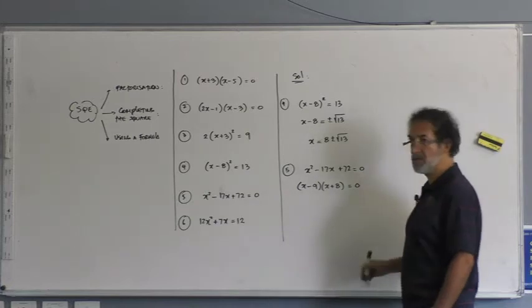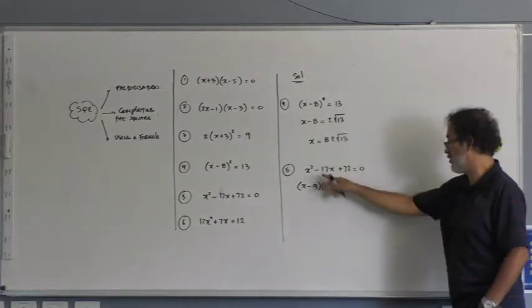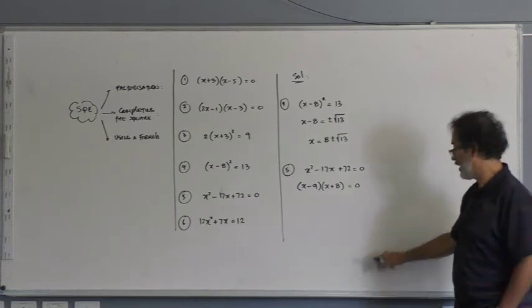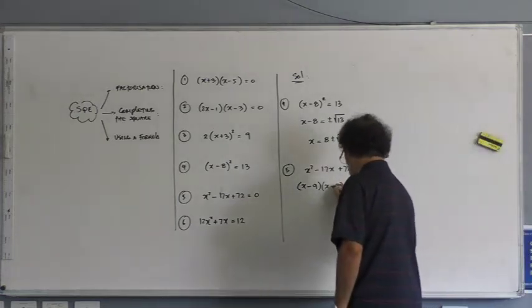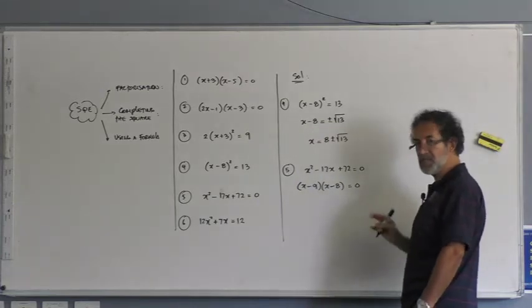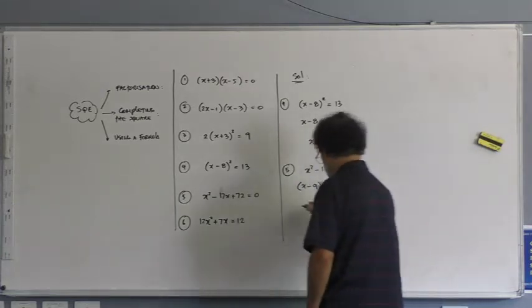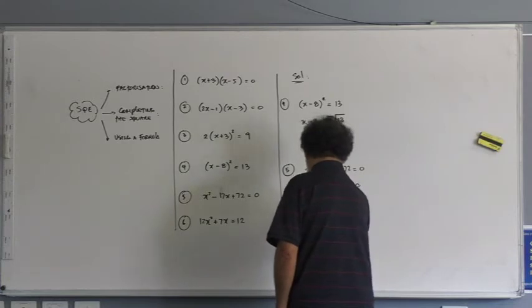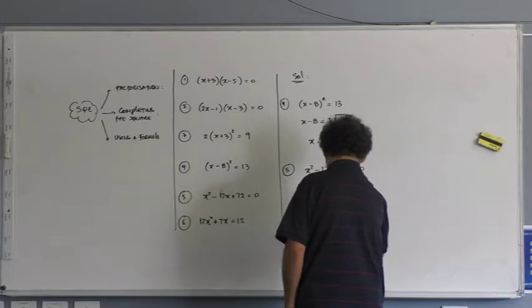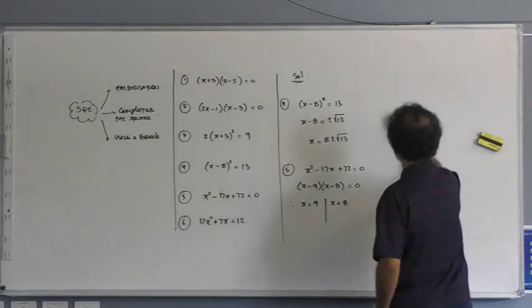Okay, so this is our lucky day because we can find those two numbers. Negative 9 and negative 8, all right. And then that will give you, again, how many answers? Two. Okay, so then you say, therefore, my first solution is x equals 9, and the second solution is going to be x equals positive 8. That's it.